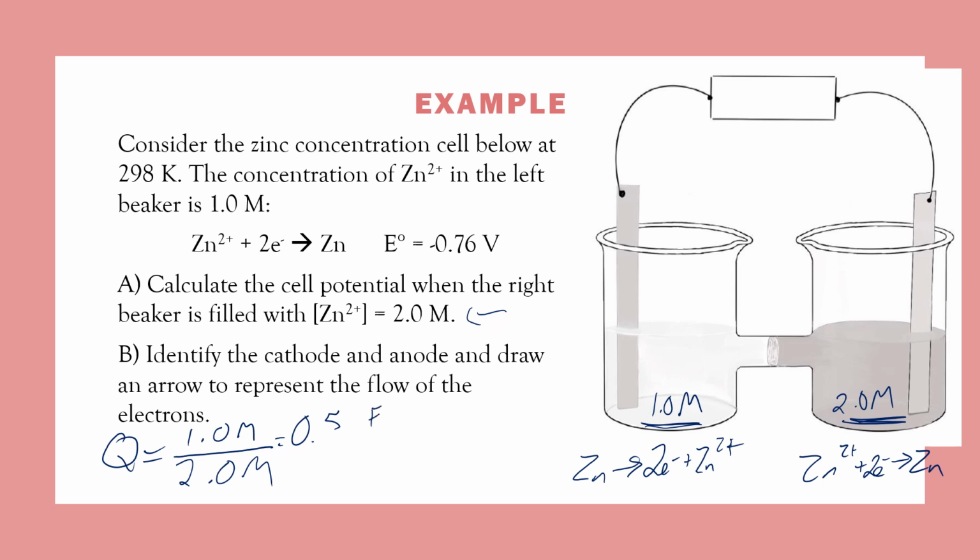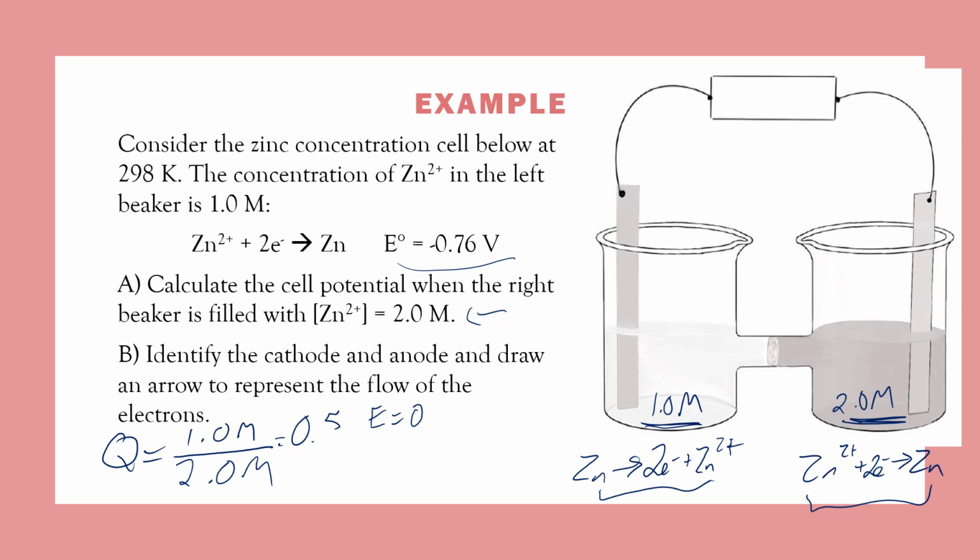So you would say the non-standard cell potential is equal to the standard cell potential. Well, I have 2 of the same half cells connected to each other, and at standard conditions they would both be 1 molar. So my cell potential would be negative 0.76 plus positive 0.76, which would cancel out to 0.